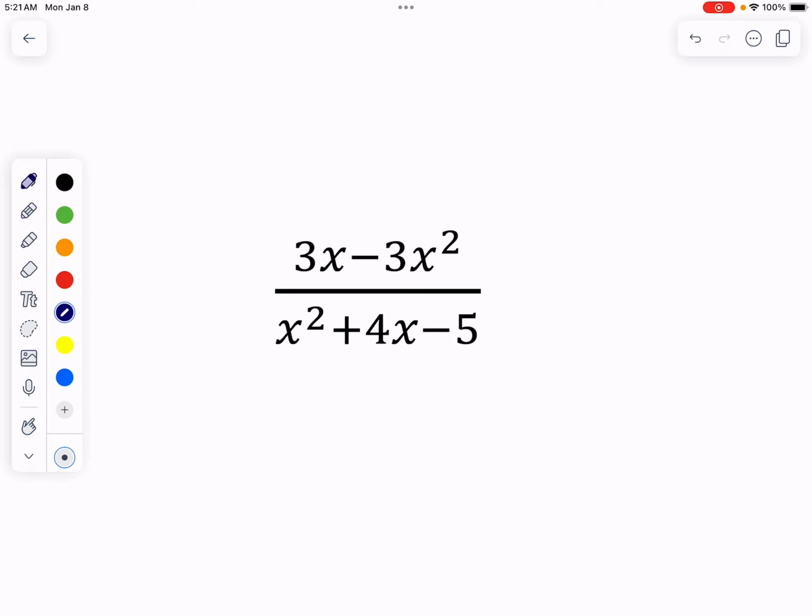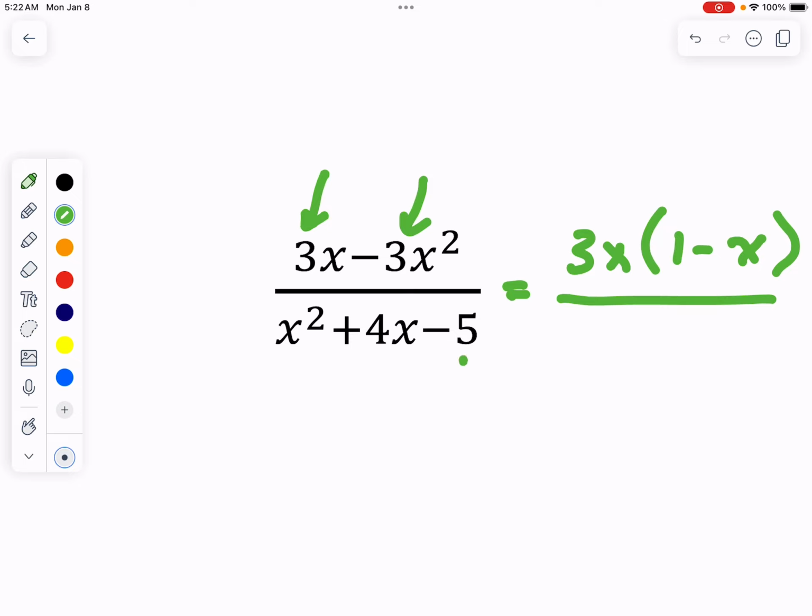On the numerator, or on top here, we have a GCF of 3x. Both terms are divisible by 3 and x. On the bottom, think about what you times to get 5 that adds up to 4. 5 and 1.